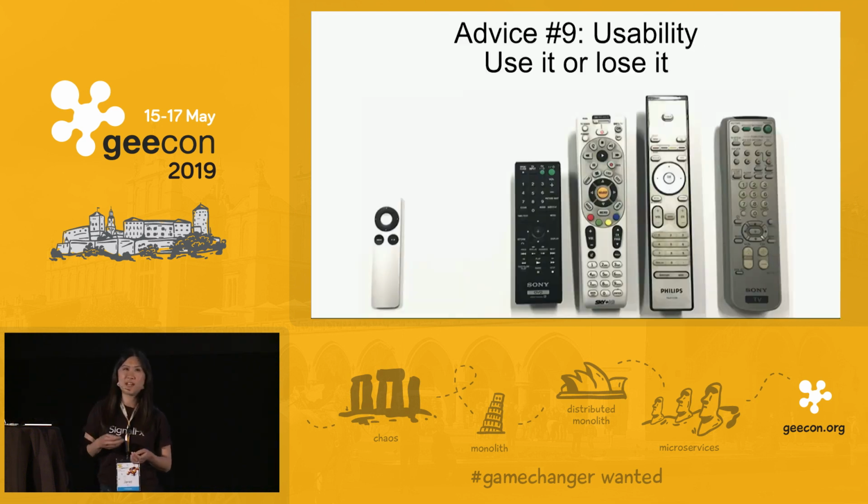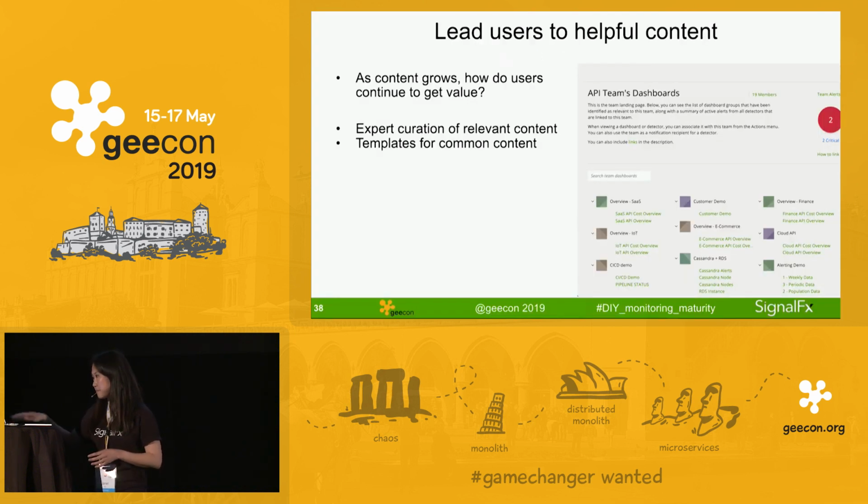Of course, we do want to encourage our users to actually use the system. So usability with any system is going to be very important. Your user satisfaction is going to be a key factor in how successful your system is going to be. As the content within it continues to grow, how do we have everyone continue to get value out of what they're seeing? What we typically see within an organization is that a few people become experts. Like they'll know the ins and outs of the system.